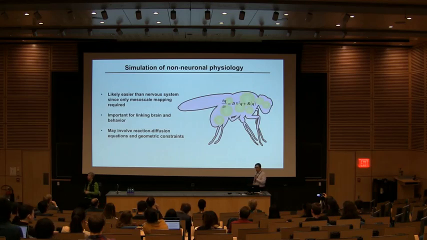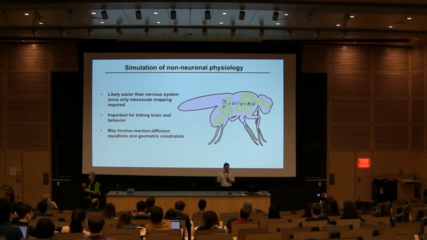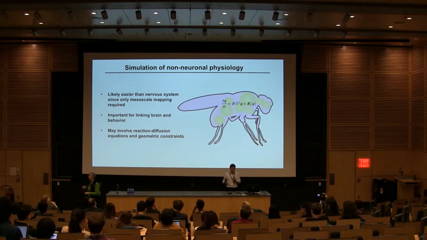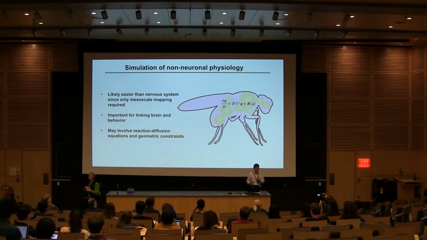And then also, we will need to simulate the non-neuronal physiology, so everything besides the nervous system and the brain of the insects. And to do this, there might be possibilities of using reaction diffusion models to show the diffusion of different neuromodulators and endocrine hormones through the body of the insect. And of course, this is very important for linking the brain and the behavior.